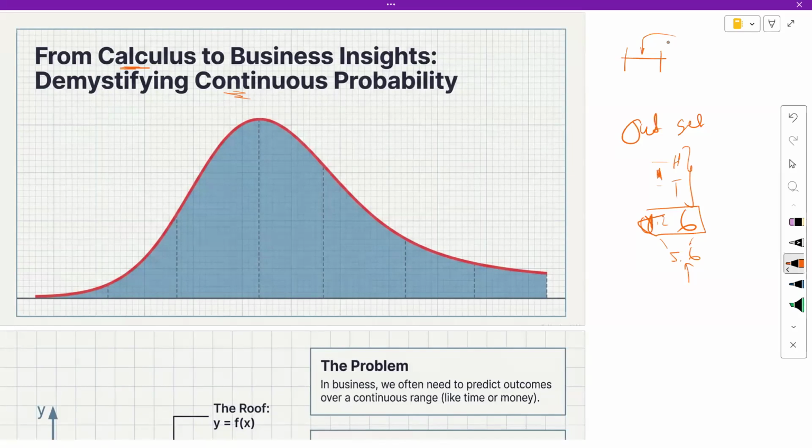Now we move towards normal distribution. That comes under continuous probability distribution. For example, the average height of the students, or the height of a student, may be 5 feet, 5.2 feet, 5.22 feet, or 180 centimeters, 175.223 centimeters.